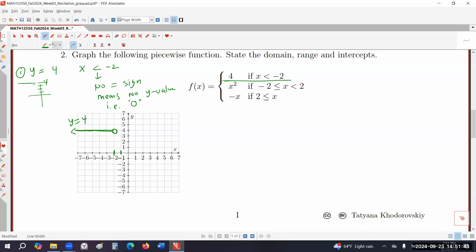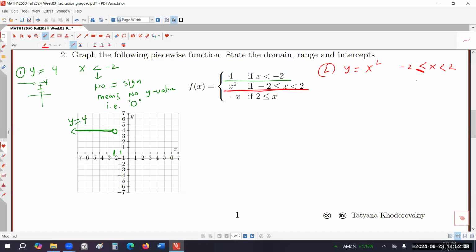Okay, now let's go to the next portion. Next portion of the graph is y equals x squared for everything between -2 to +2. So let me do it here. Portion 2, y equals x squared when we have all the x from -2 to +2.